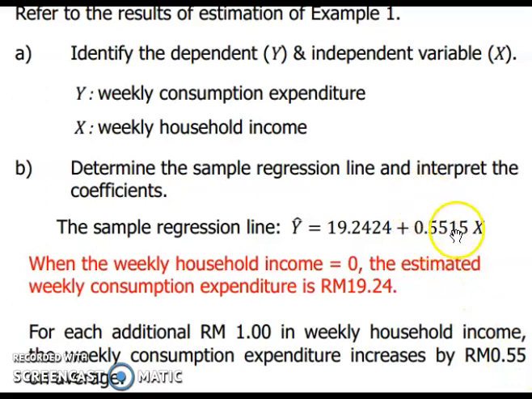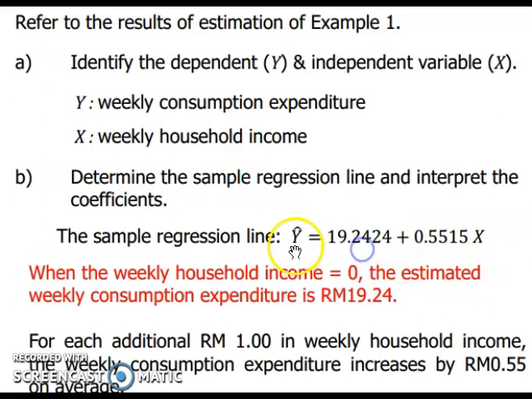If you remember, if you differentiate Y hat with respect to X, you will get 0.5515. So basically it is the change in the average of Y when X changes by 1 unit.